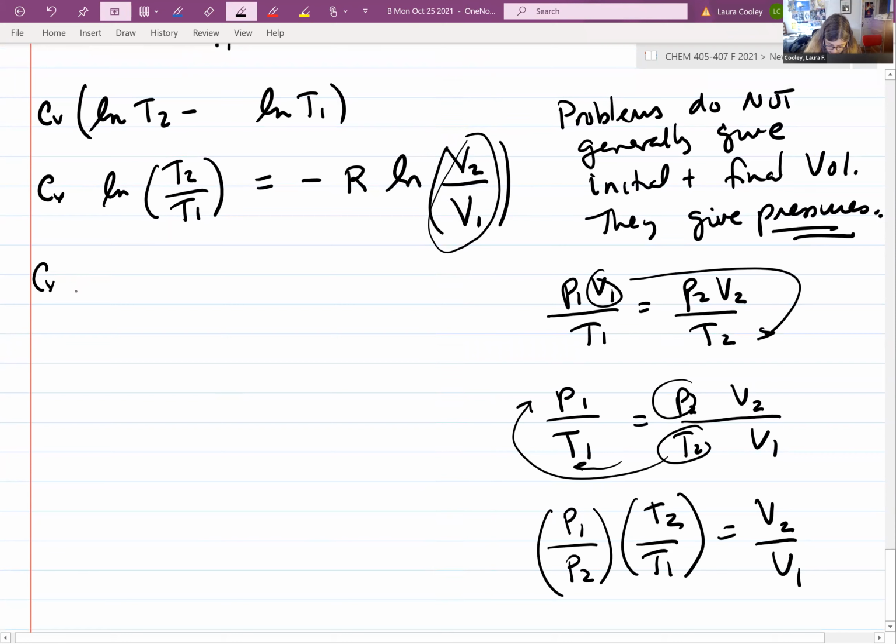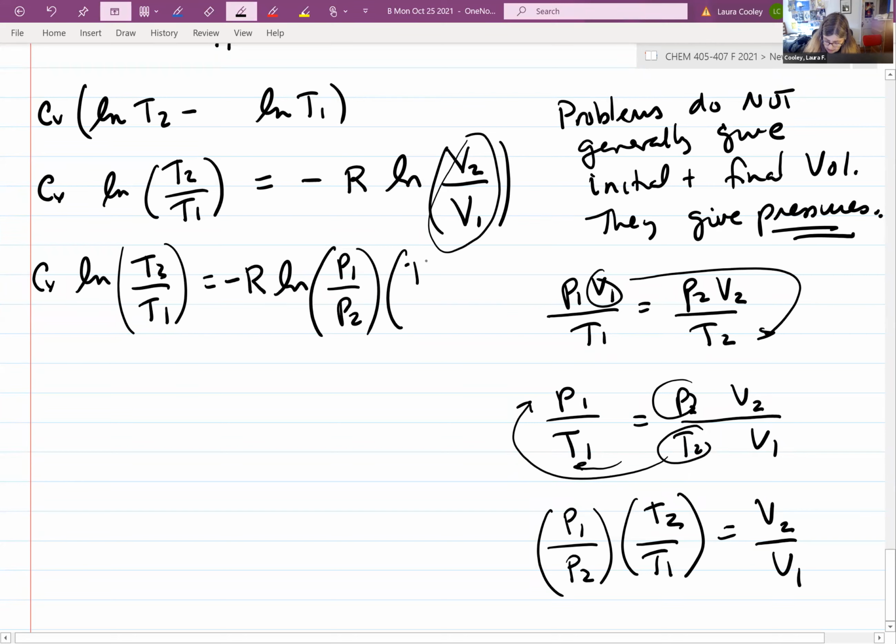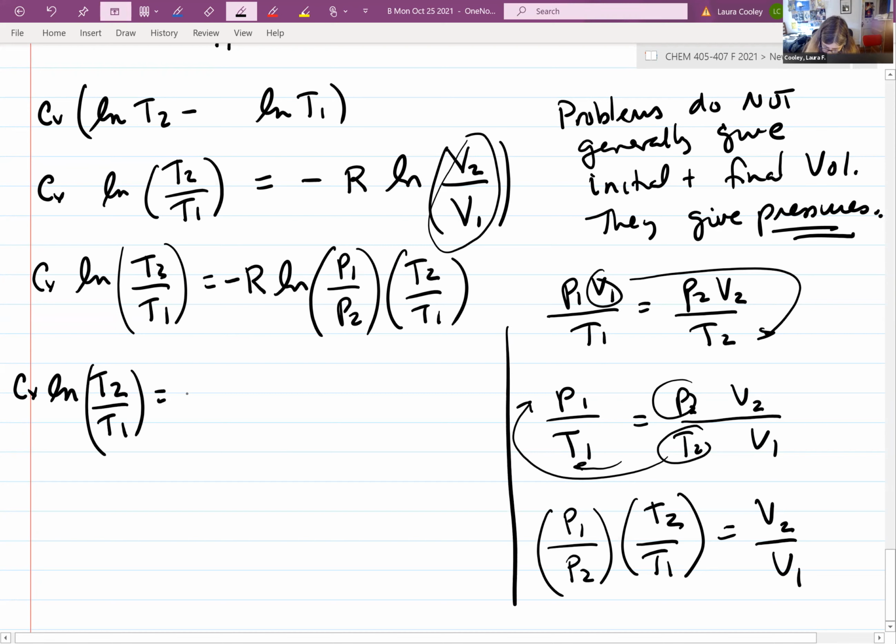But CV, you get the idea, log T2 over T1 equals minus R log of P1 over P2, T2 over T1. And now again, I'm going to put all my T's on one side, all my P's on one side. And now what I'm going to do is use the rule of logs.